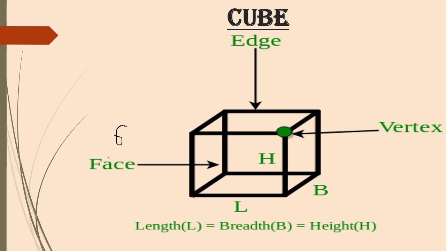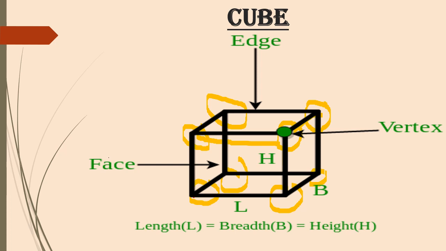Now moving on to the next part, that is called vertex. What is vertex? Vertex is a point where these lines meet, like this length, breadth and height. This is meeting here. This is called vertex. And this is called vertex.